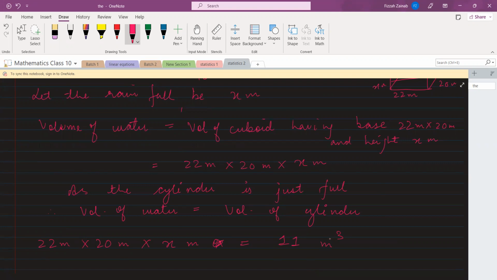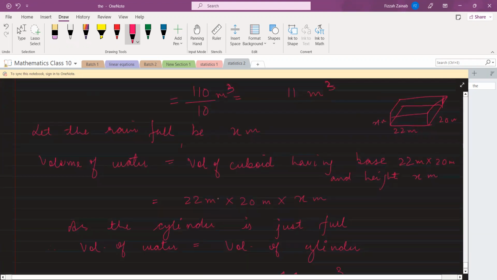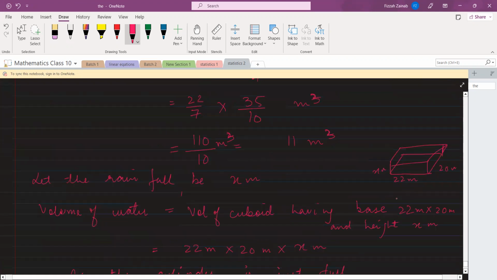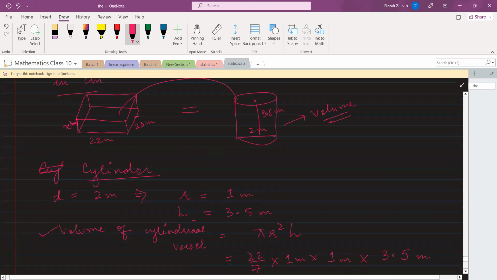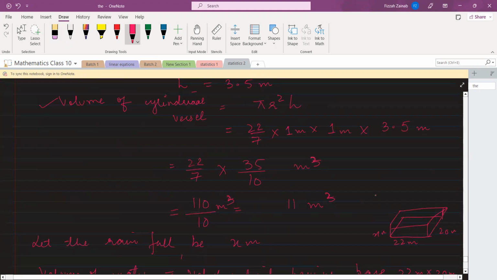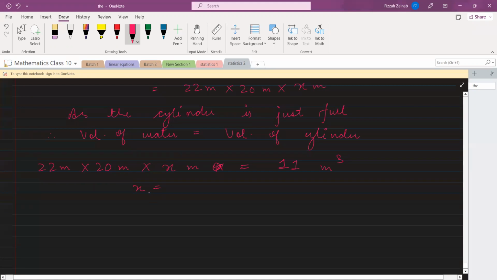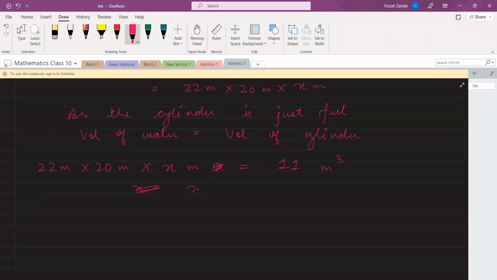So from here you can find your x. So x will be 11 divided by 22 into 20.